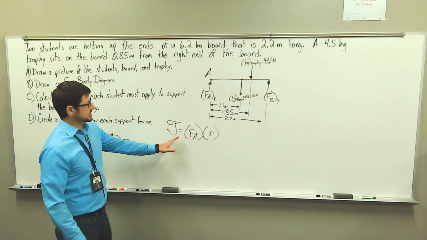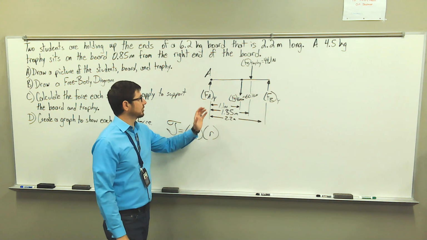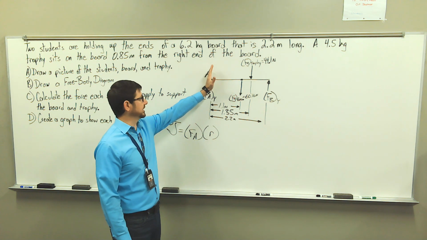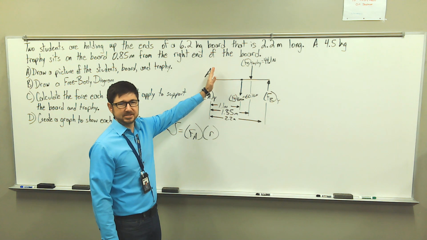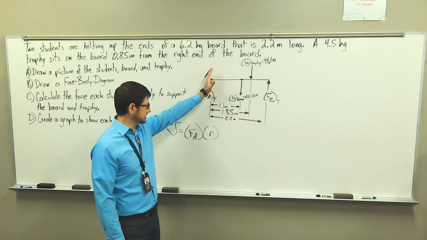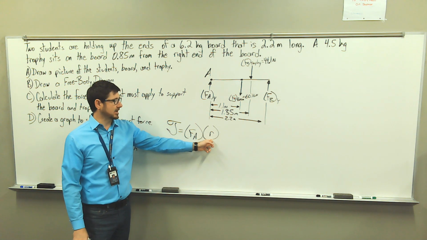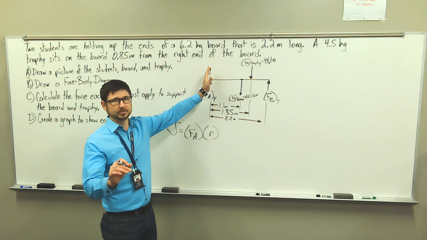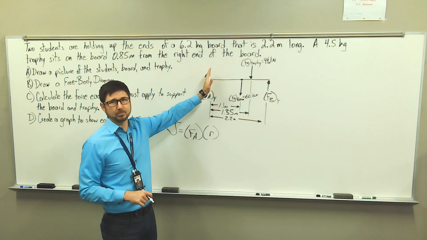Now, since the definition of torque is an applied force times the lever arm, we're going to start at a position of 0 meters. Now, we're not going to have any torque at a position of 0 meters here, because let's think about this. I've got an applied force times the lever arm. If the lever arm is zero, there is no torque applied at that point, okay?